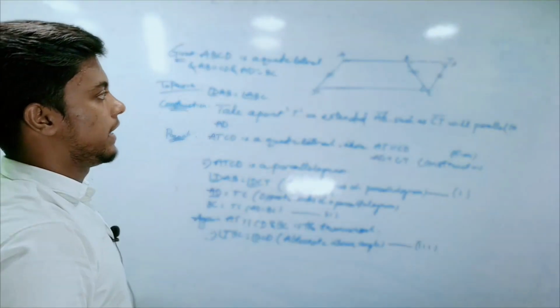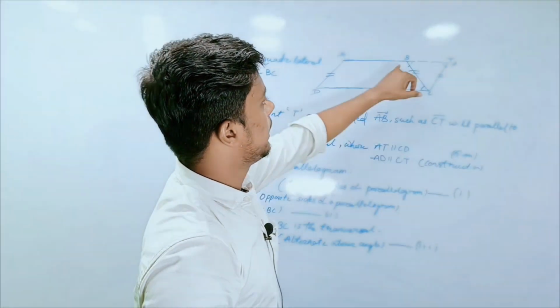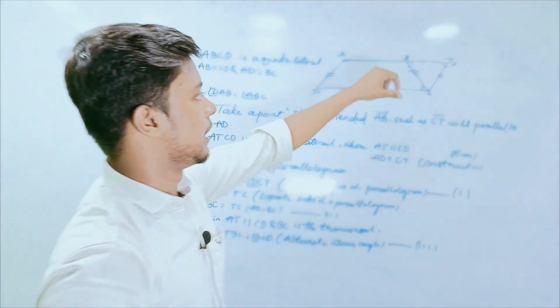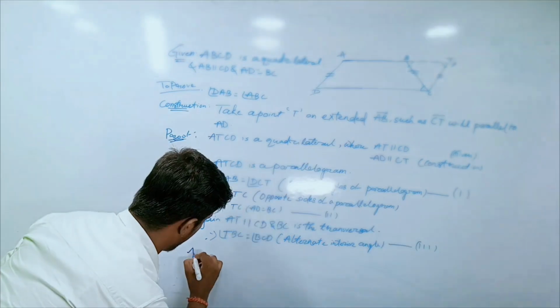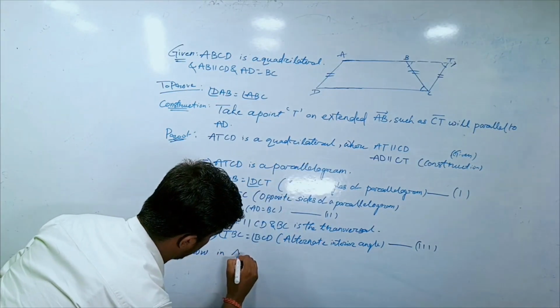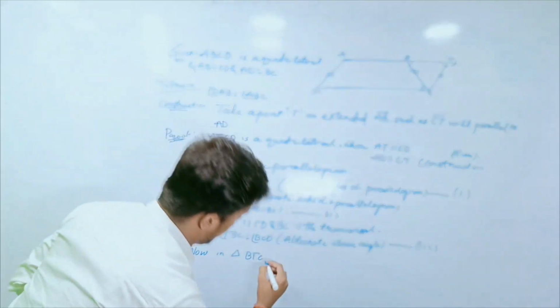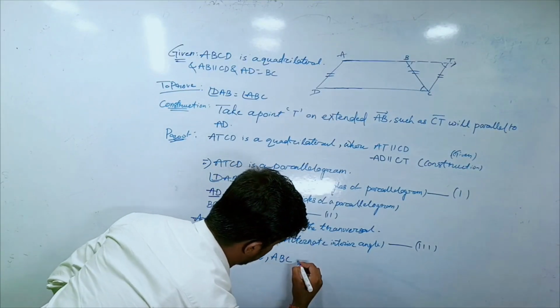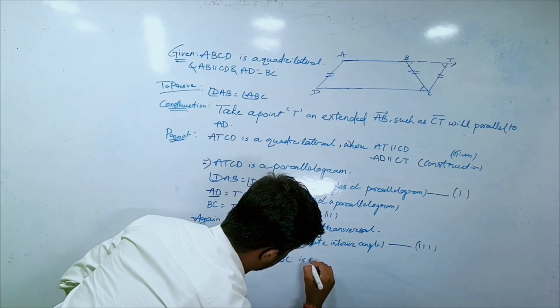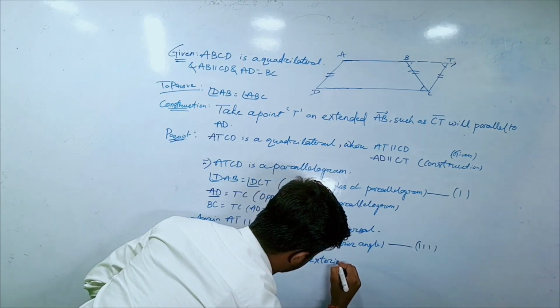Now you will write that in triangle BTC, ABC is the exterior angle. Look, where is BTC? ABC is the exterior angle.